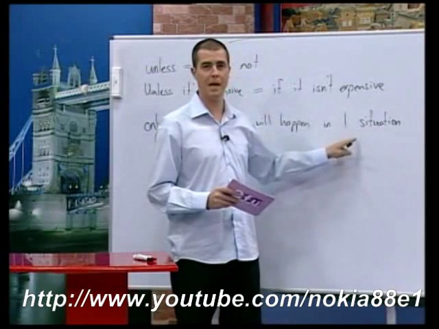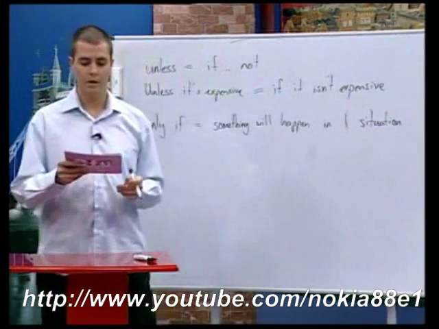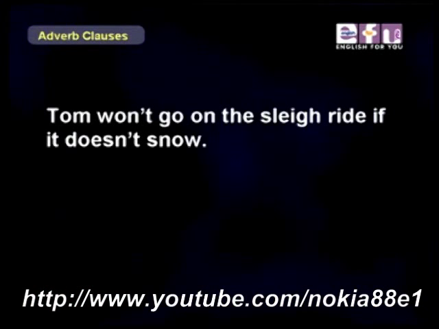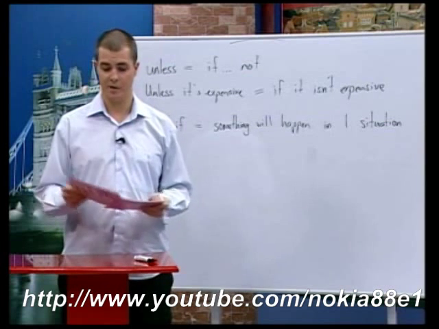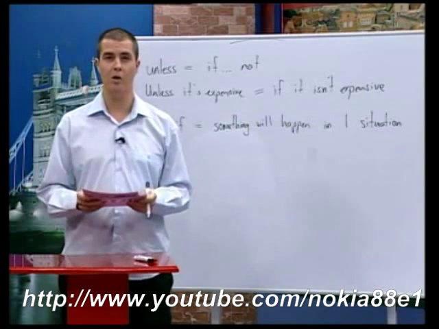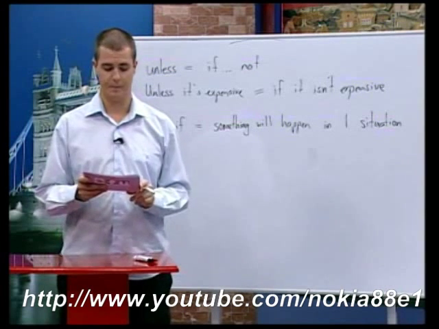That situation must happen first, then something else will happen. For example, Tom won't go on the sleigh ride if it doesn't snow. That's the same as the first sentence: Tom will go on the sleigh ride only if it snows. It means he won't if it doesn't.